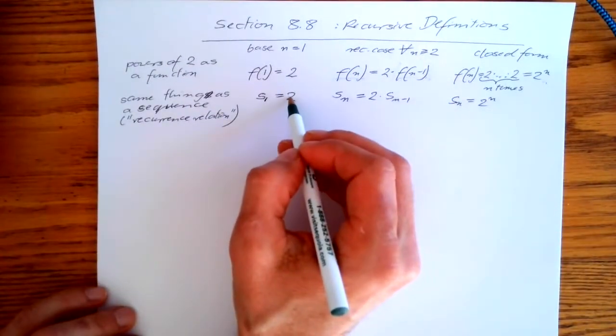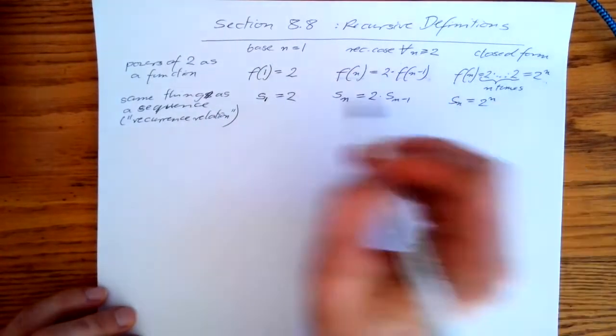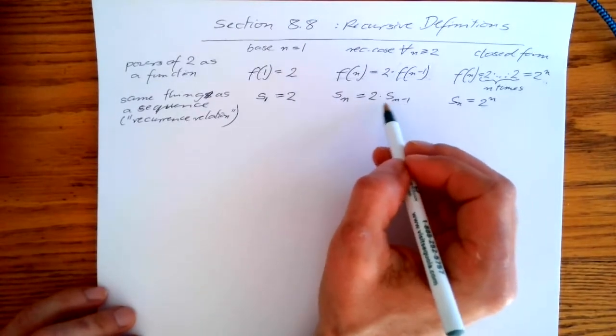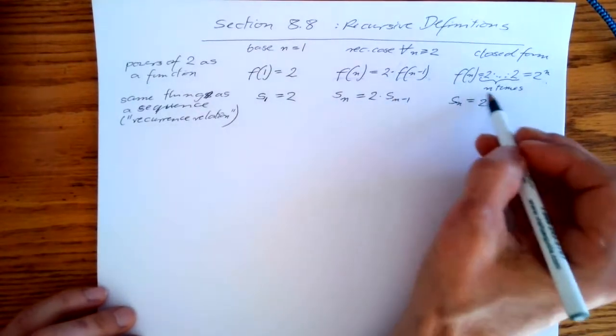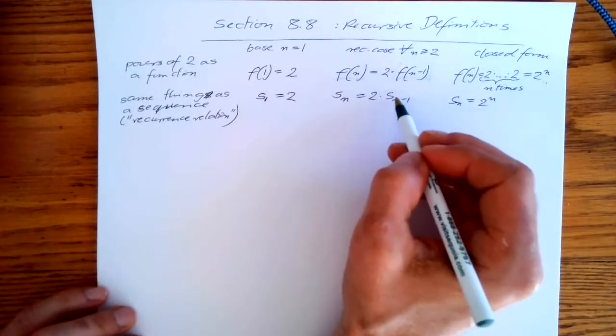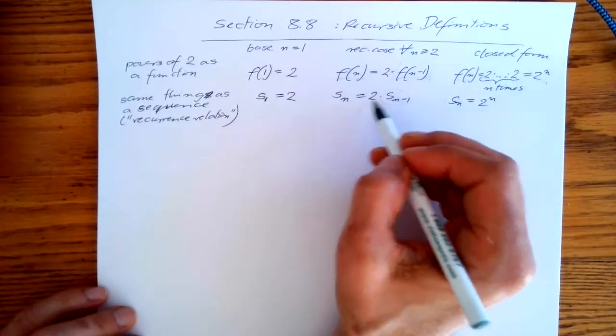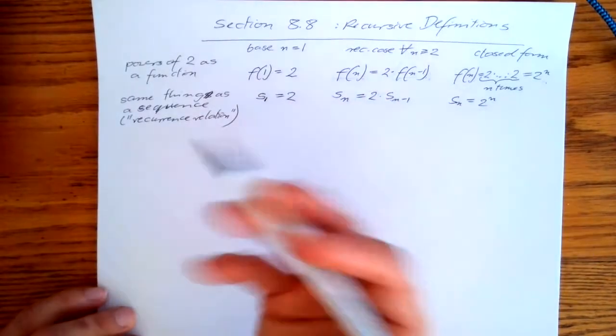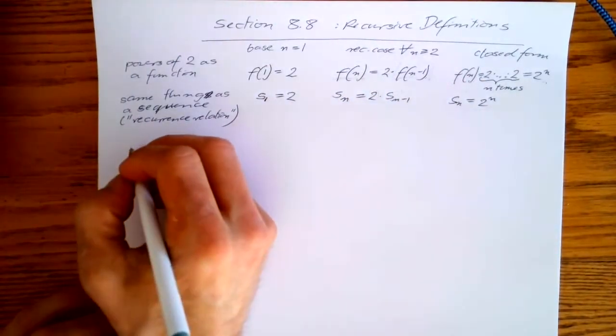It's true in the base case: 2 to the 1 is 2. And it's very easy to show that if this formula holds for this one, in other words, this one is 2 to the n minus 1, then multiplying it by 2 gives you 2 to the n. It's exactly the same argument.